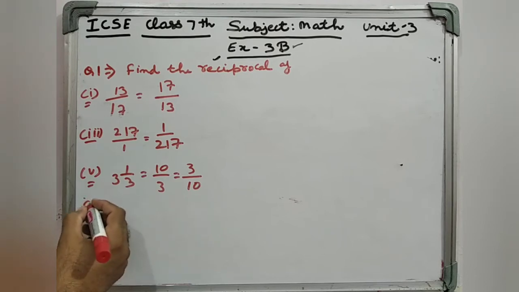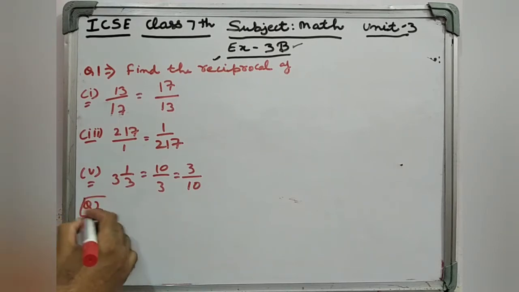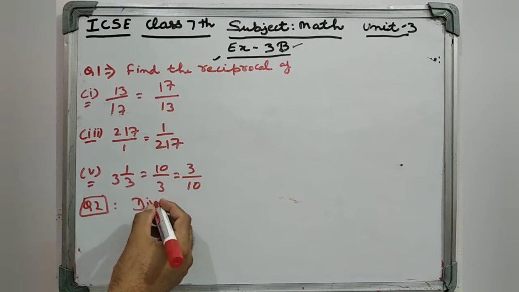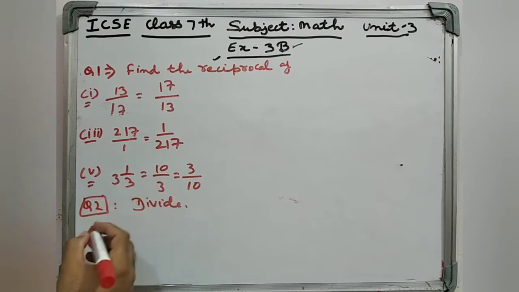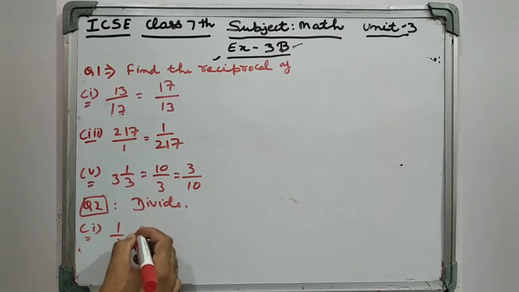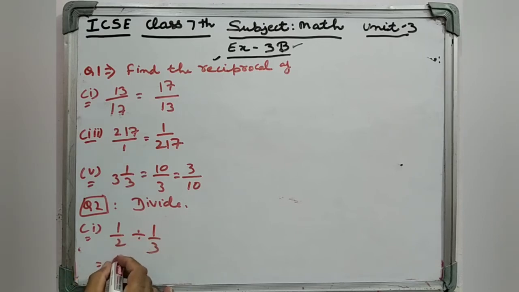Now we move on to question second, that is divide. Part first is 1 upon 2 divided by 1 upon 3. I have told you earlier, 1 upon 2 and reciprocal of second fraction.